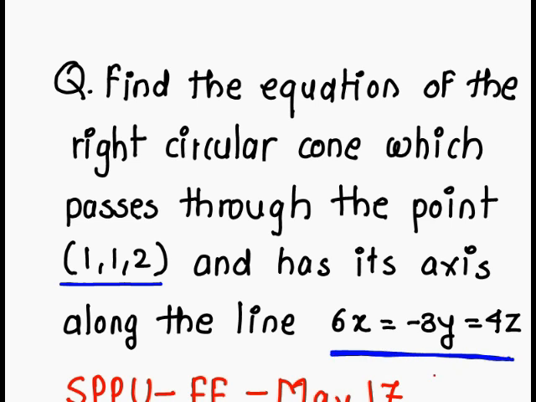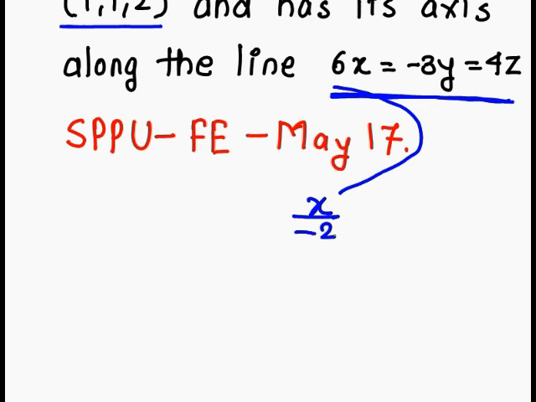One more thing, if you replace this equation by x upon minus 2 is equal to y upon 4 is equal to z upon minus 3, you can write this as again a new question. So likewise, you can generate different types of questions once you understand the concept.